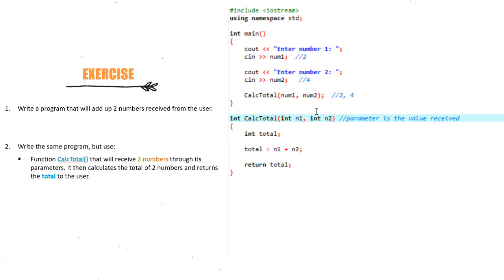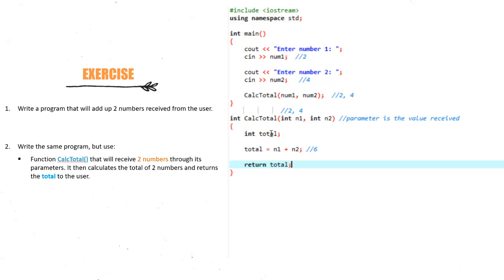Here n1 would be 2 and n2 would be 4, because this one relates to this, and this one relates to this. Since it has received 2 and 4, it will calculate it. So n1 is 2 and n2 is 4. So 2 plus 4 would be 6. So it will return 6 back to the person.